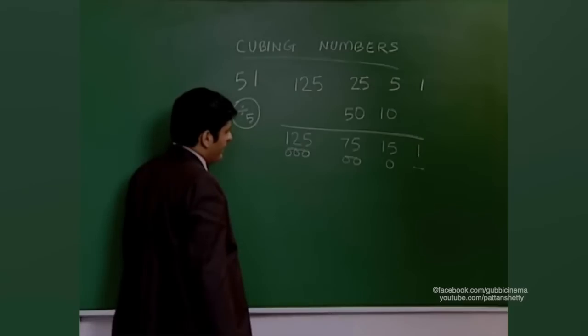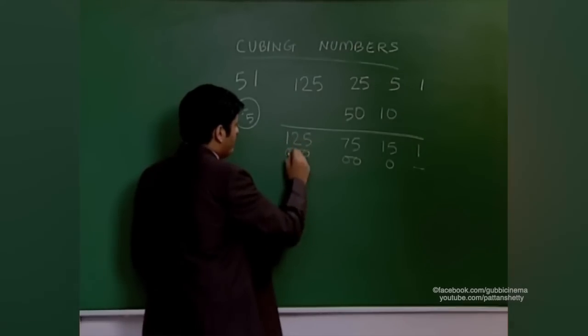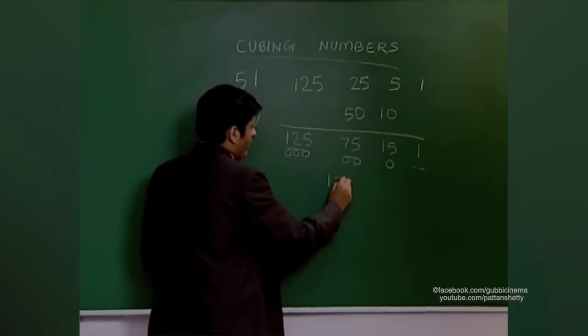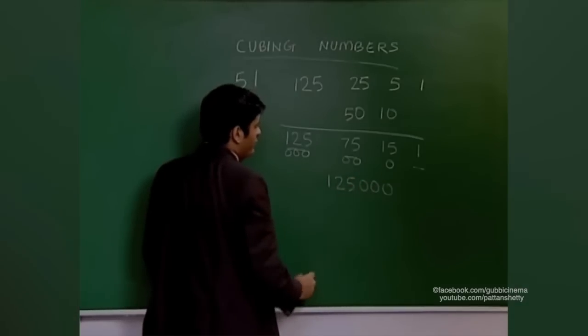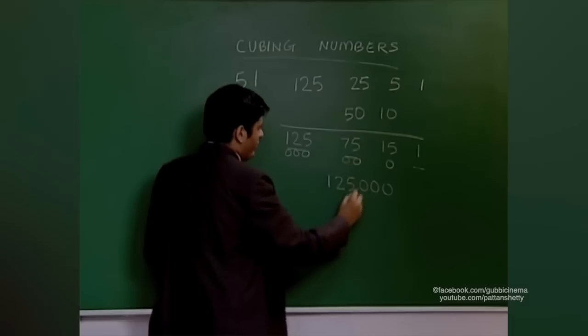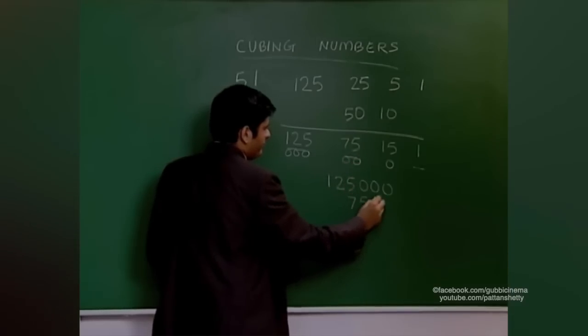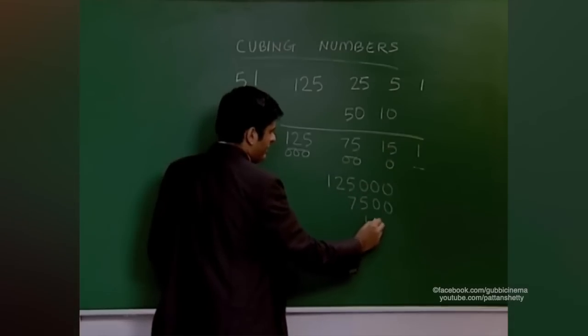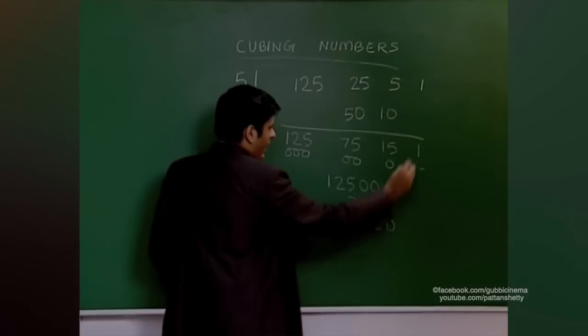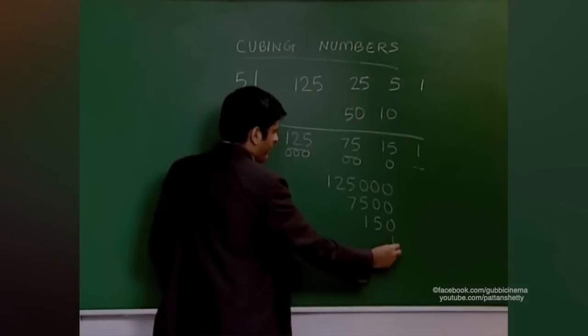Let me add. My numbers will become 125,000, plus I have to add 7500, plus I have to add 150, and then I have to add 1.